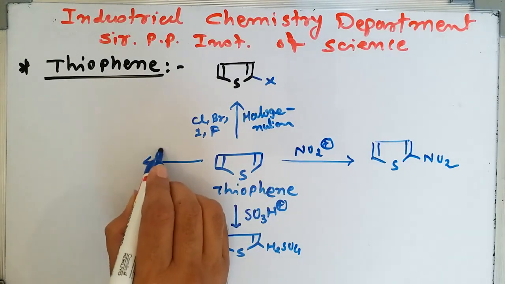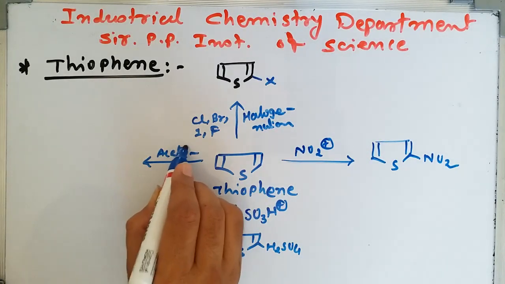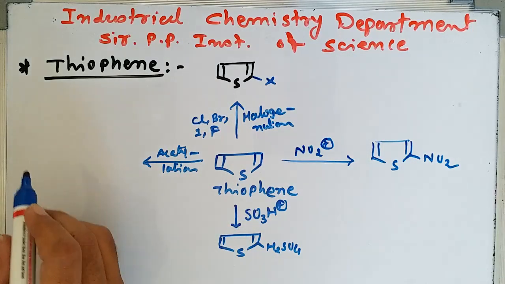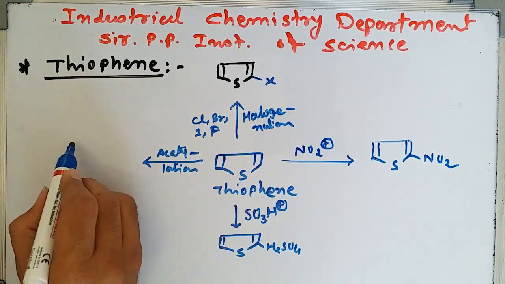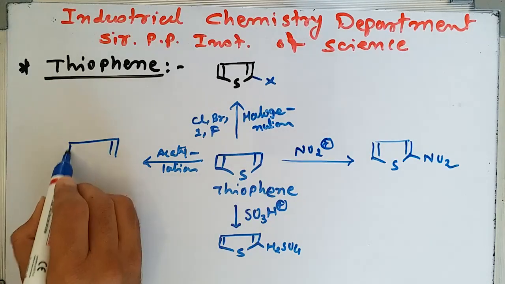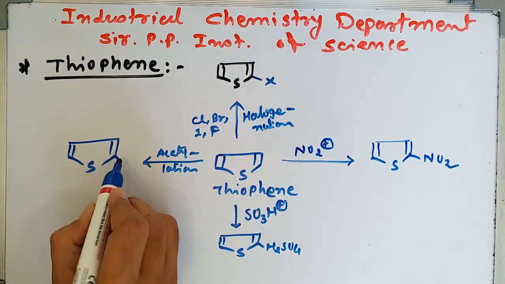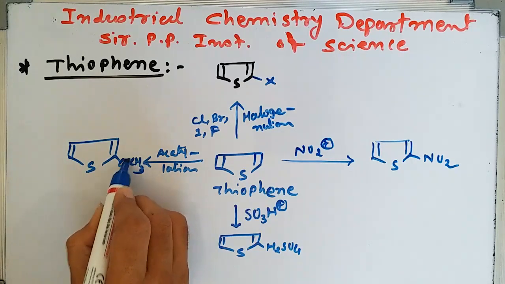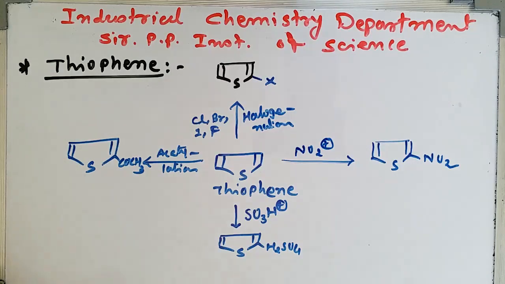When acetylation takes place, the acetyl group, COCH3, is introduced at the second position, giving 2-acetylthiophene.